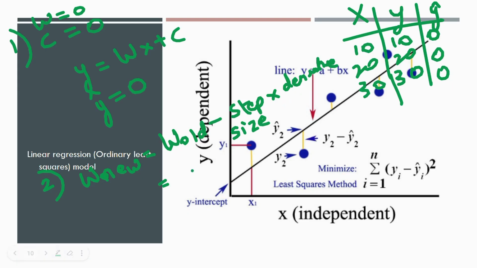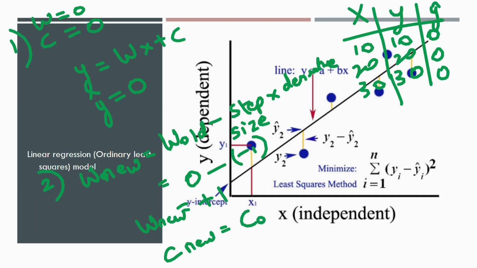The W old was 0 and the W new will be changed through some calculation, and now W new will become 1, and C new is also C old minus step size times derivative.